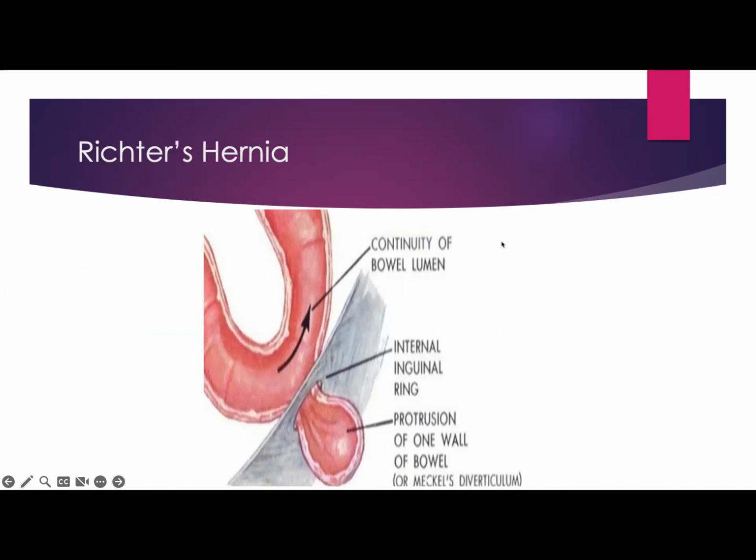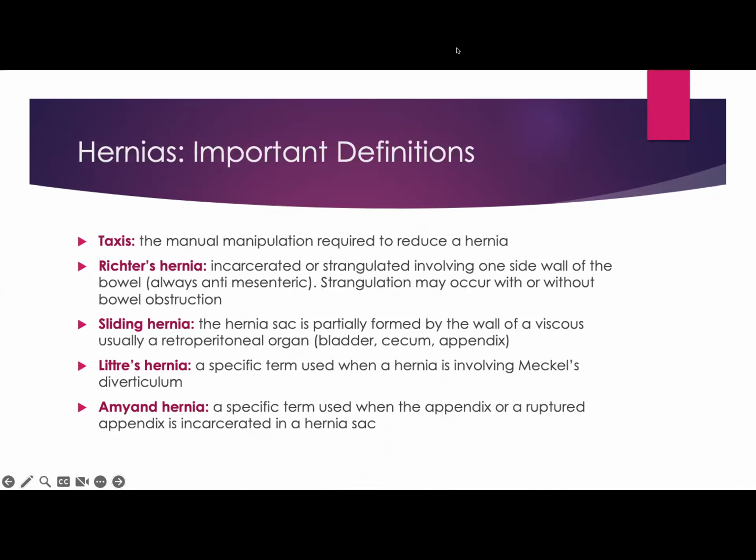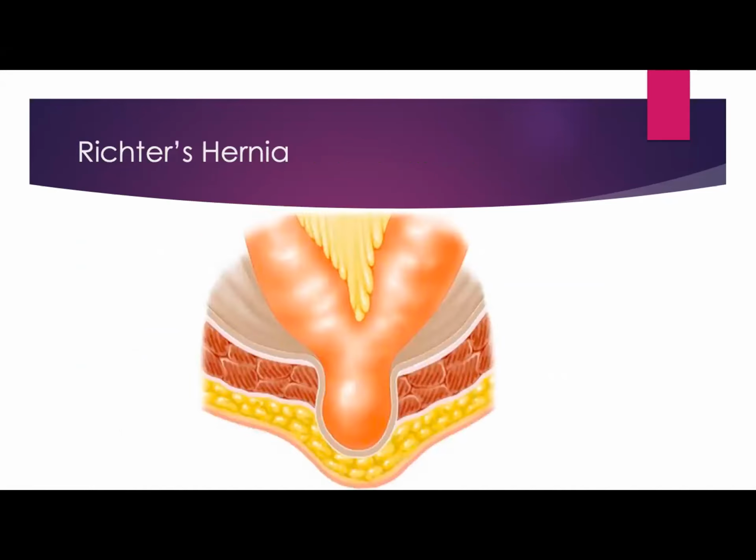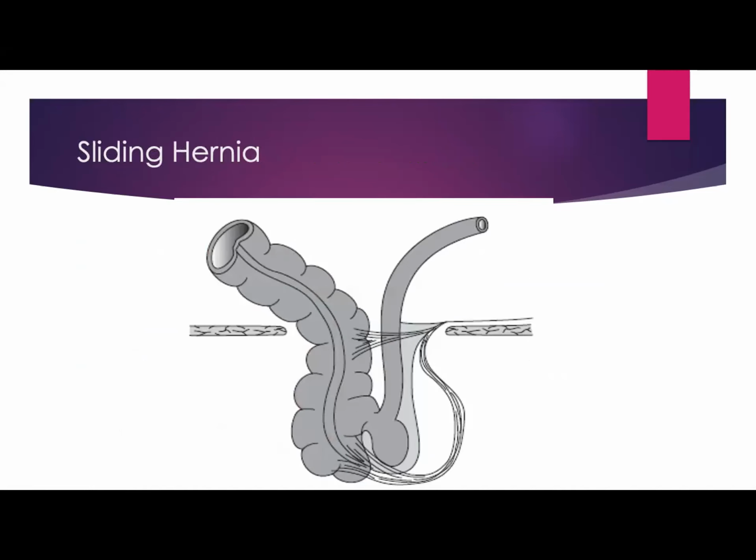The sliding hernia is a hernial sac partially formed by the wall of a viscus, and usually it's a retroperitoneal organ. Here we're commonly talking about the cecum and the bladder.